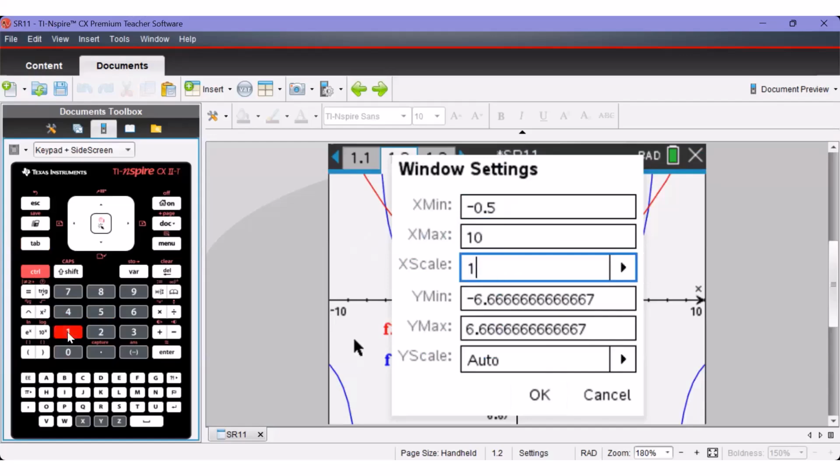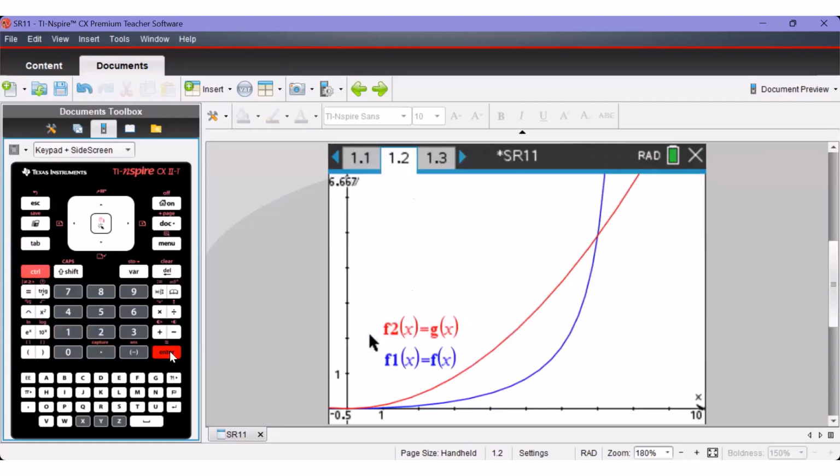We have an x scale, make that 1. Press tab. We can have y min of -0.5. Press tab. And y max, again, we're not quite sure, so we'll leave it as 6.66, etc. just for now, and if need be, we may need to make an adjustment. We can change the y scale to 1 and press enter.